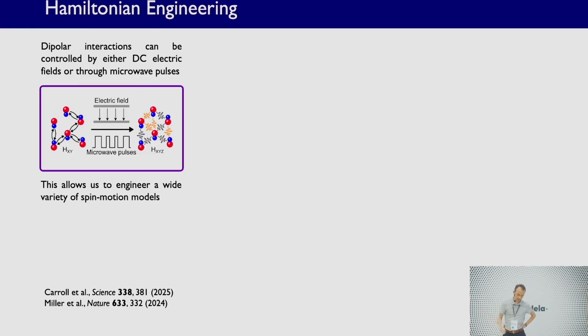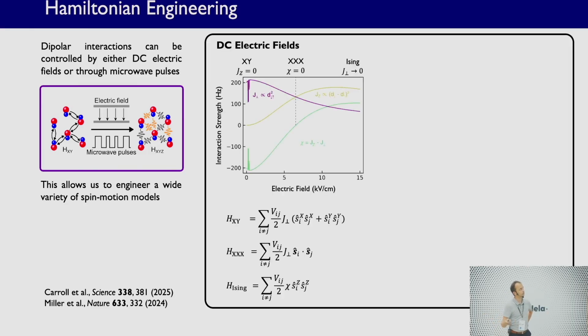And just to give you an intuition, if we tune it with DC electric fields, we have these JZ and J perp, so the spin exchange and the Ising terms, which are just these rewrites of these matrix elements that vary as a function of electric field.